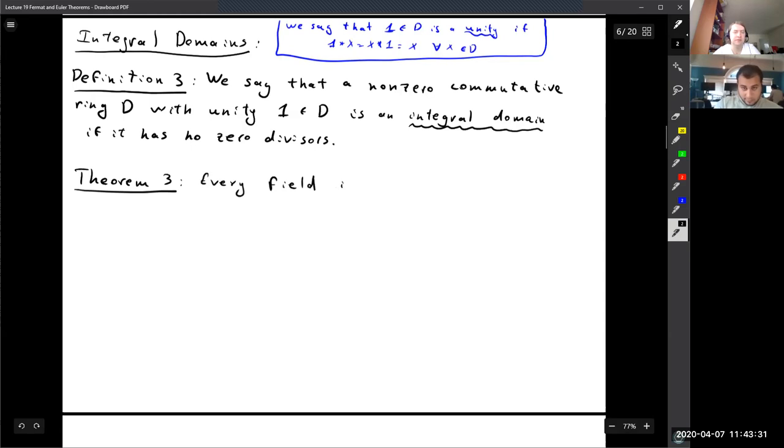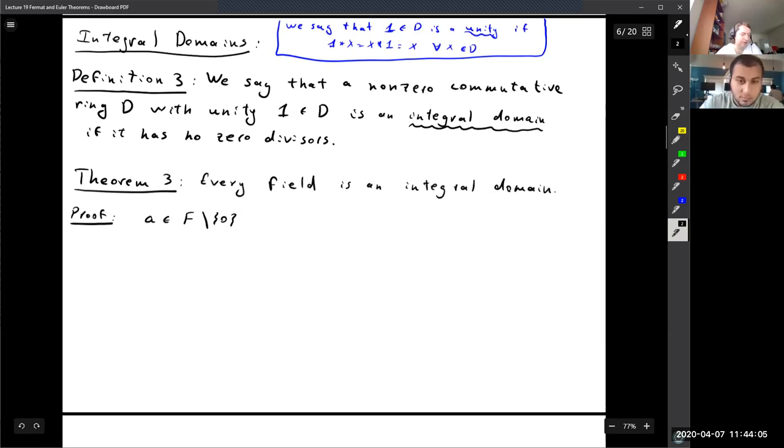Every field is an integral domain. The proof goes essentially in one line. By the definition, a field is a commutative ring with unity, so the only thing we need to prove is that it has no zero divisors. Let's take any non-zero element A in our field.